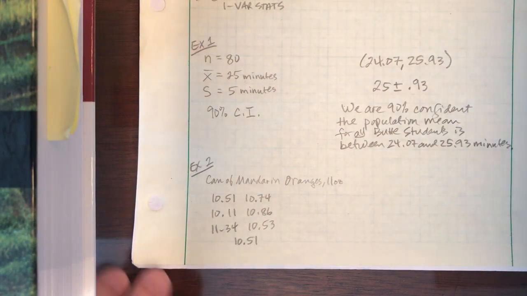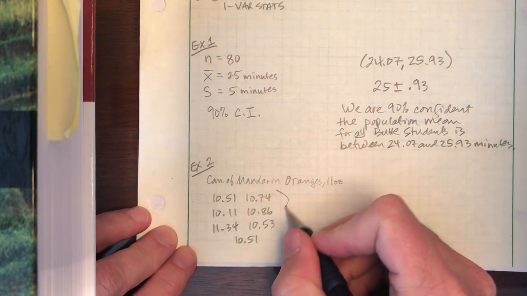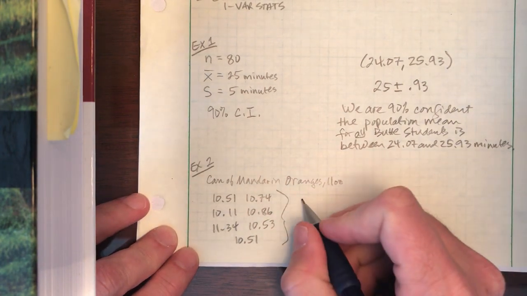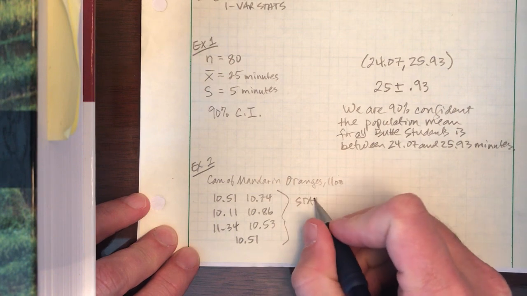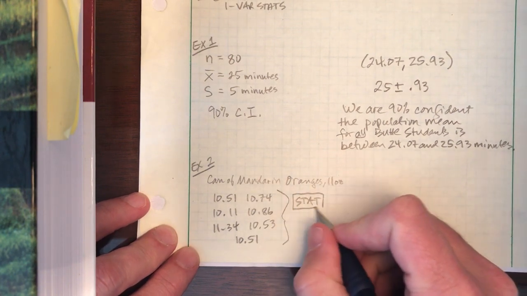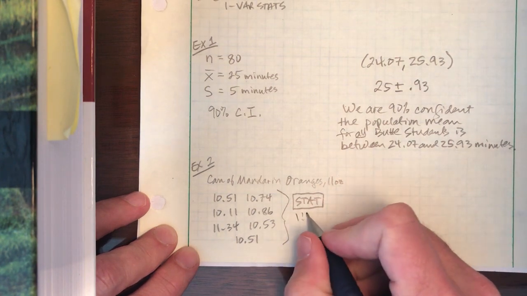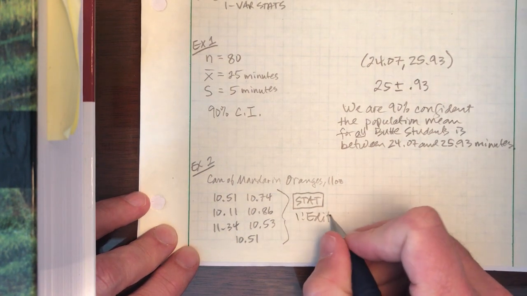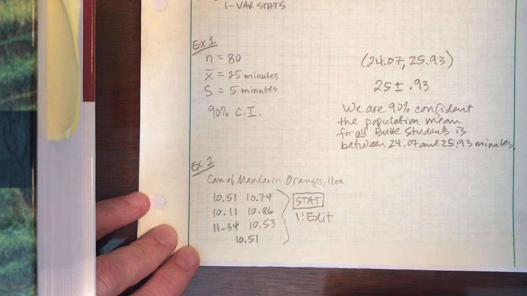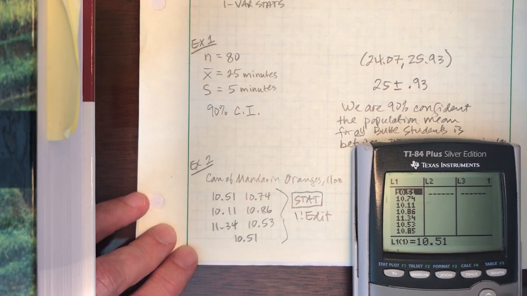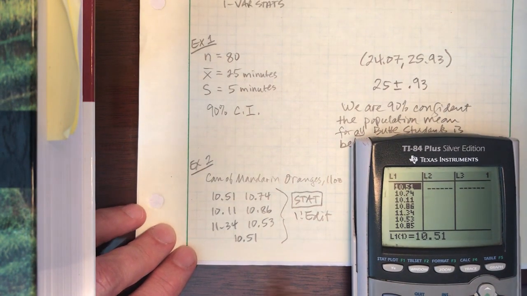And you may remember OneVar Stat. If it's been a while, we hit the stat button and then we choose edit, and that gets us to our lists. And I've gone ahead and entered those 7 values in list 1.